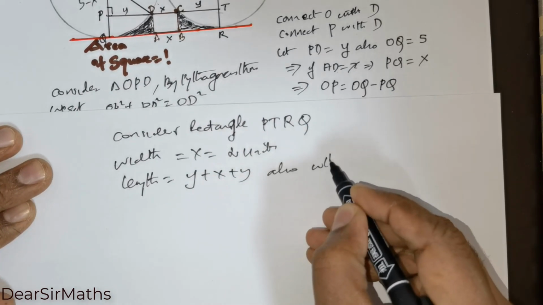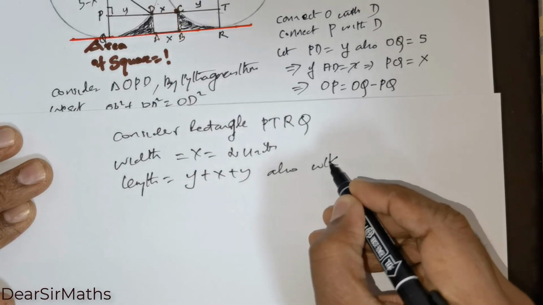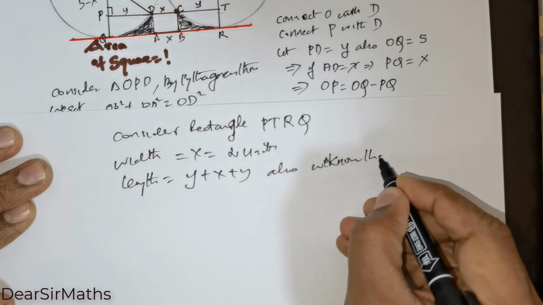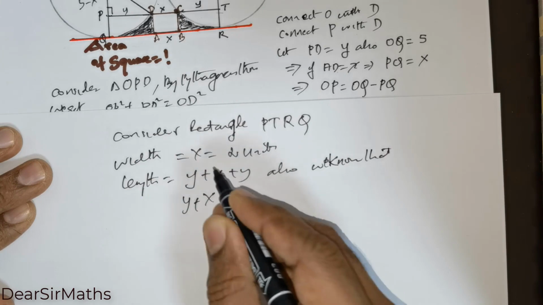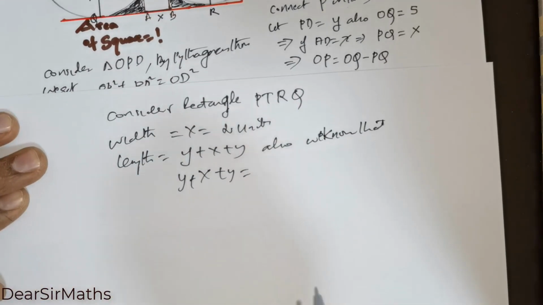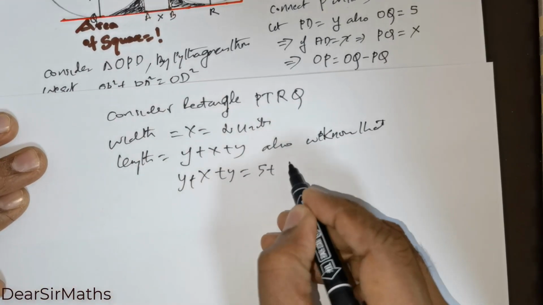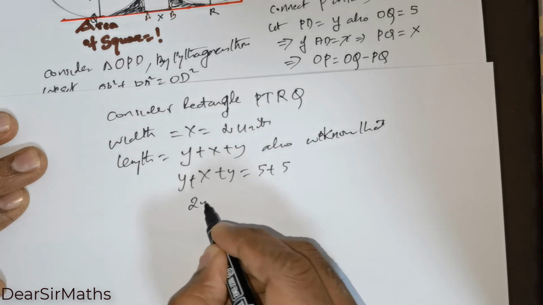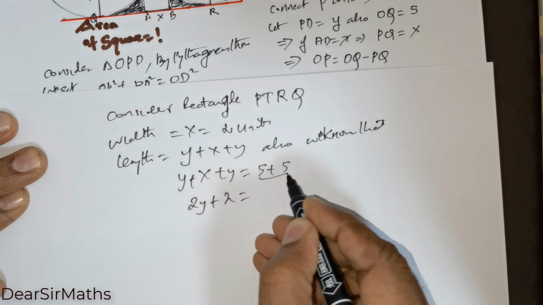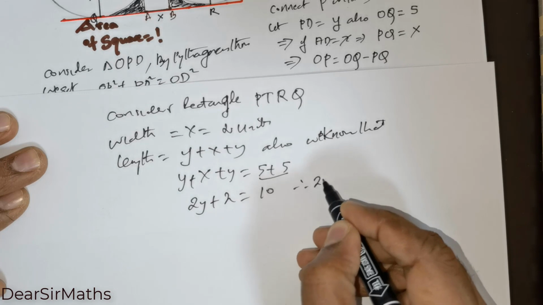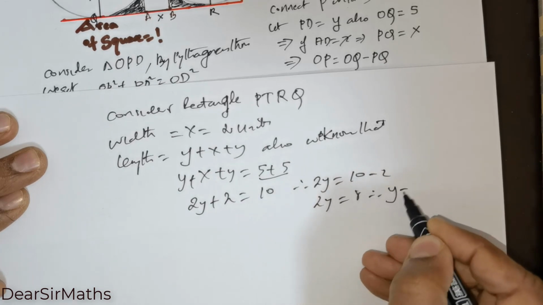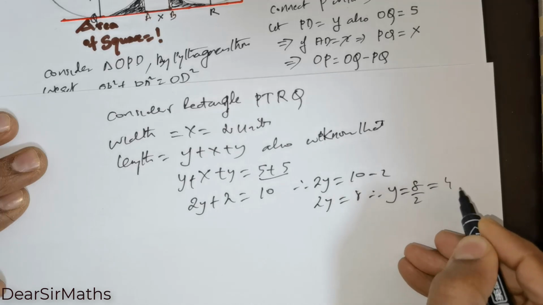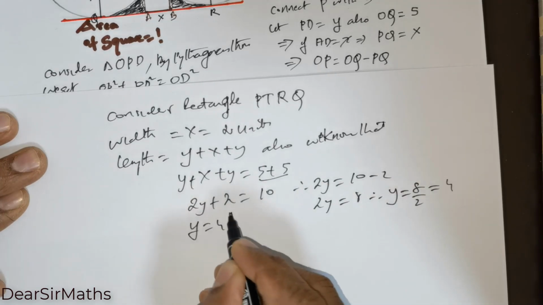Also we know that y plus x plus y is equal to this entire length, 5 plus 5, and x is 2 units, so 2 times y plus 2 is equal to 10. So therefore 2y is equal to 10 minus 2, so 2y is equal to 8, so y is equal to 8 over 2, which is equal to 4. So y is equal to 4 units.